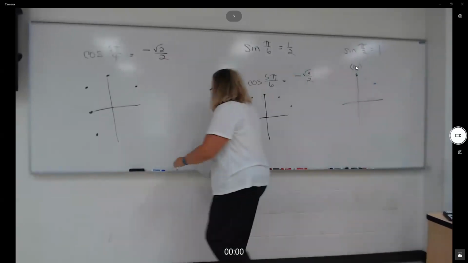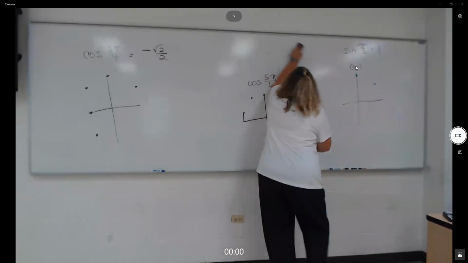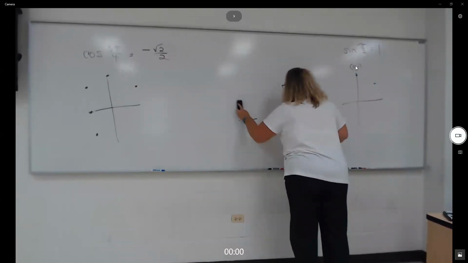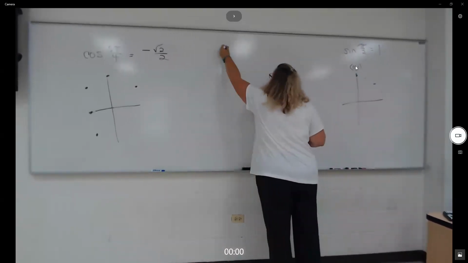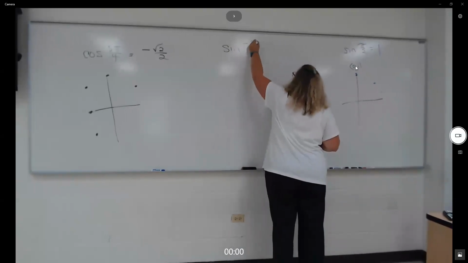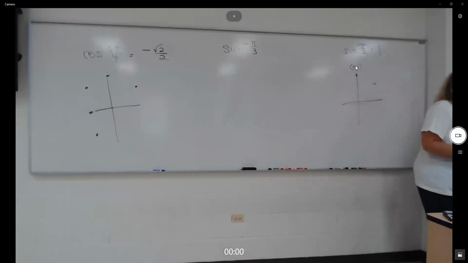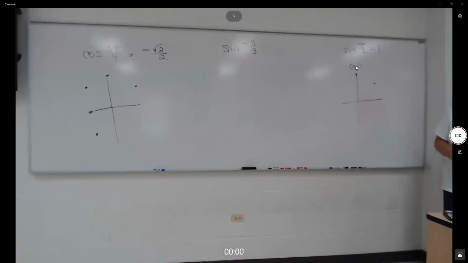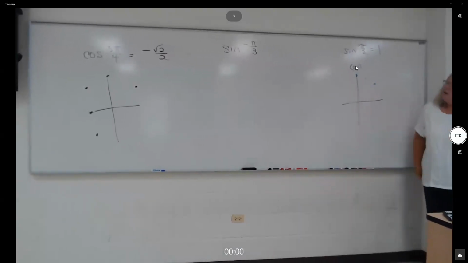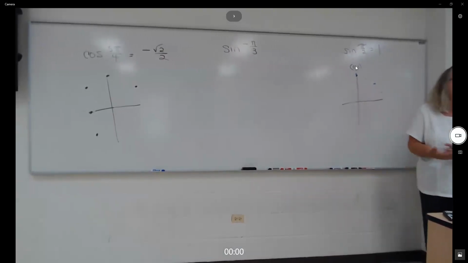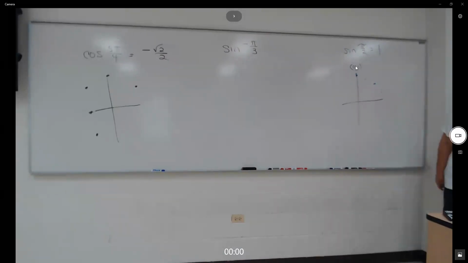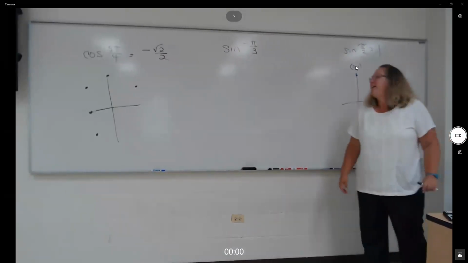Now, what about something like this? This comes up even less, but let's just do it. Sine of negative pi over 3. And then we'll try to get to just a few of those other ones. We just spent how much time filling out the unit circle? We never wrote down negative pi over 3. Who's teaching this class?